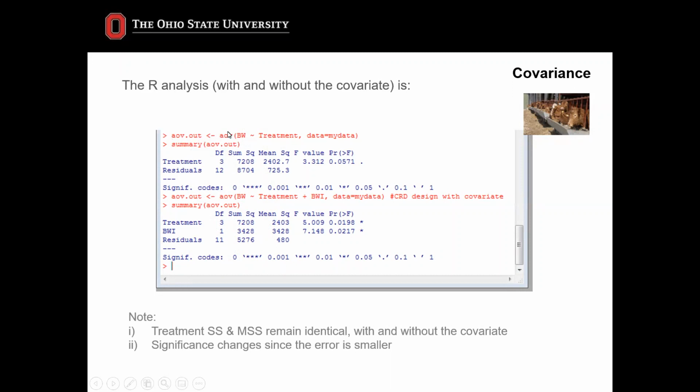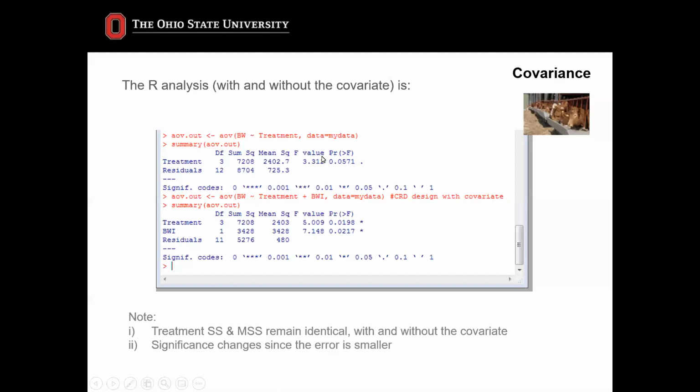We use the AOV command, and the model statement is the body weight at the end of the study, tilde, and being a completely randomized design, treatment is the only effect in the model without the covariate. We can see the effect of treatment generates an F value of 3.3 with 3 and 12 degrees of freedom, which has a probability of 0.0571, a non-significant result.